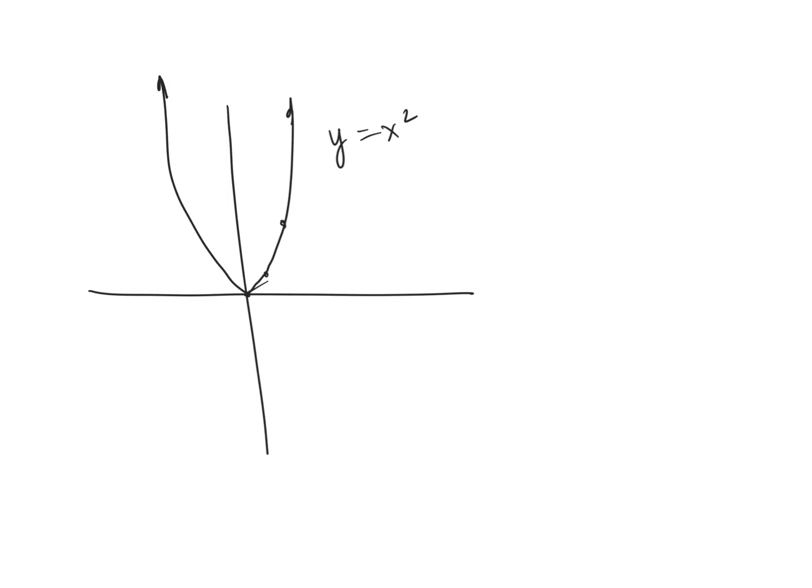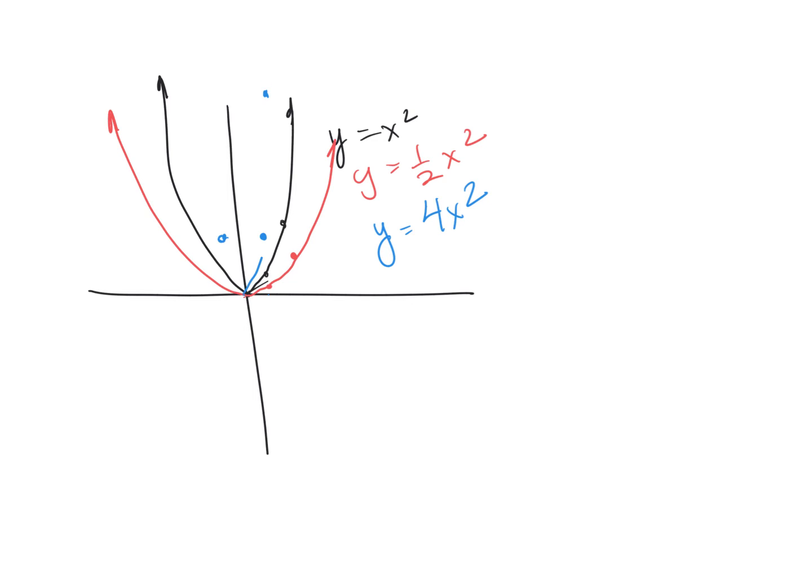If I multiply it by 1/2, y equals 1/2 x squared, then it goes over 1 up 1/2, over 2 up 2, and it would look fatter like this. If I multiplied it by a 4, it would get a lot skinnier.